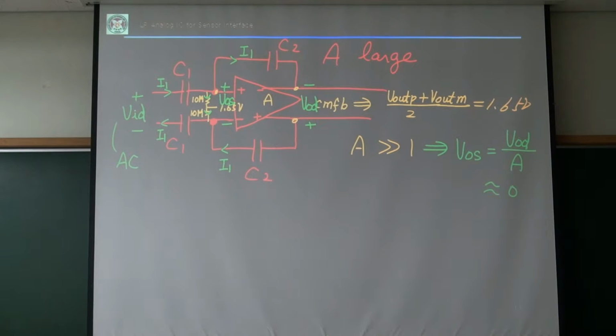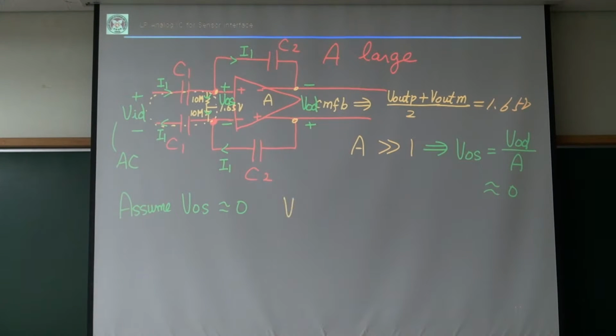So I can say virtual ground. Assume virtual ground, my input offset voltage is 0. Then let's see, I can calculate I1 by KVL. I apply KVL through this loop.